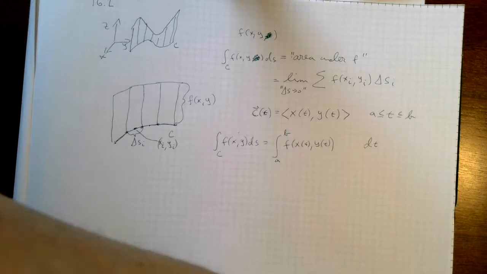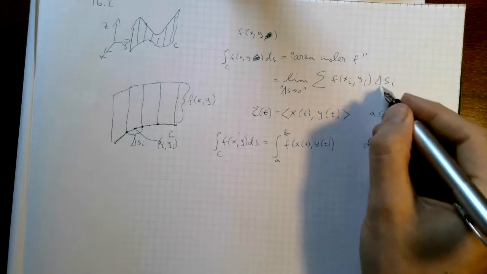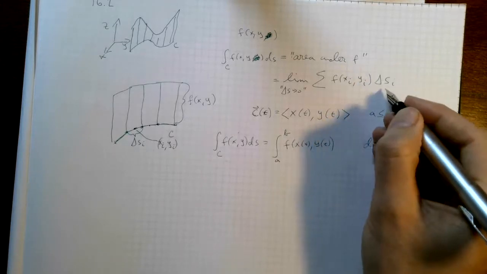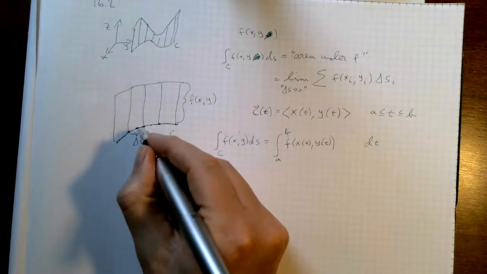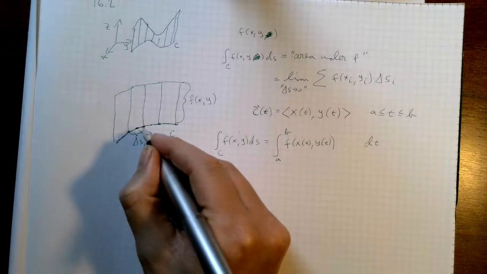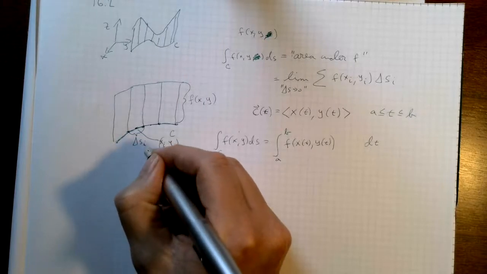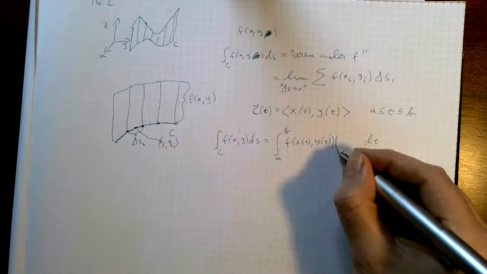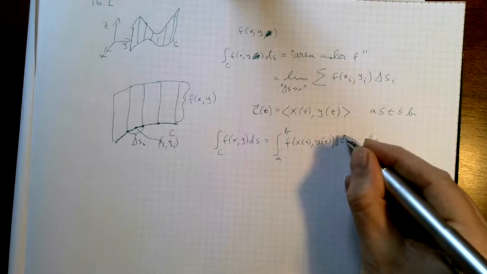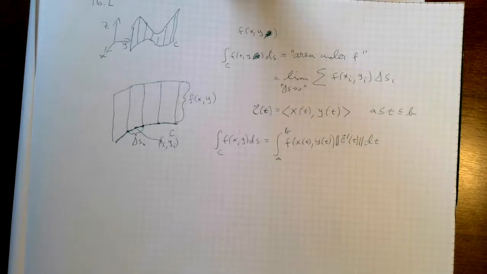If we have time, well, we multiply by speed. What is this little piece here? If I have delta t, how long does it take to traverse this little piece? I just multiply that by the speed, and I get the delta s. So I need to multiply by the speed, so |c prime of t| dt. Yeah, that's the formula for how to compute this thing.